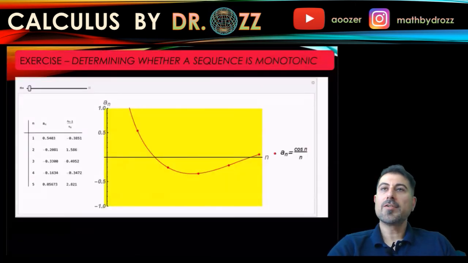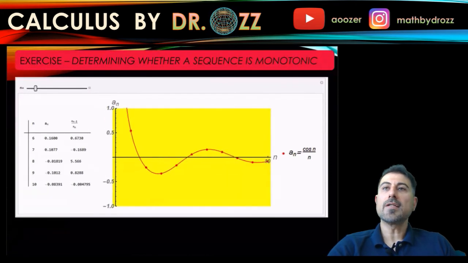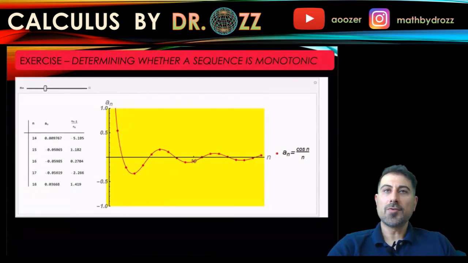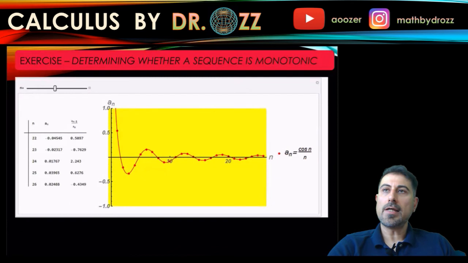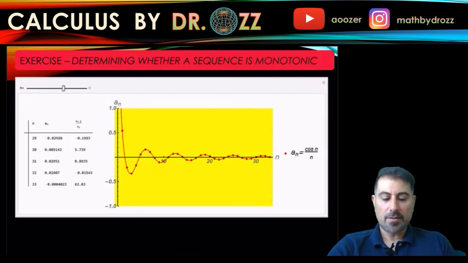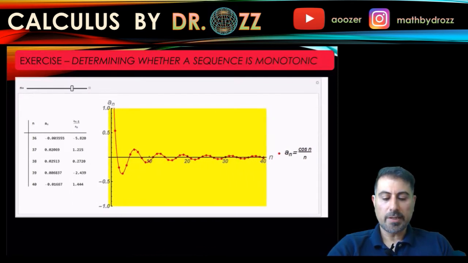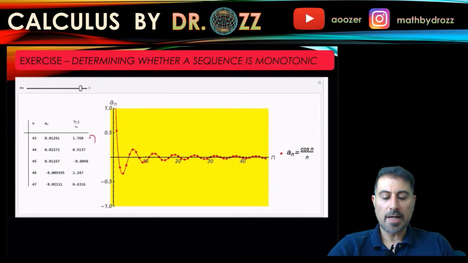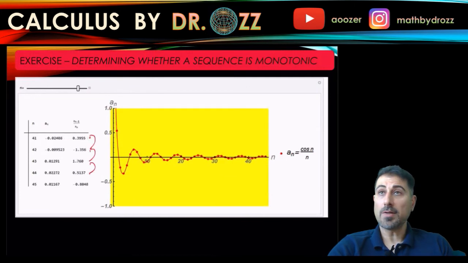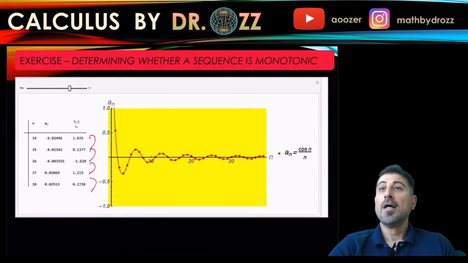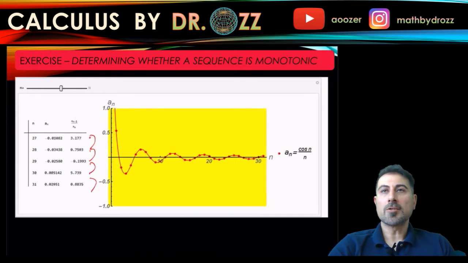So here I'm graphing the values of cosine n over n. As you see, the values fluctuate from minus to plus, minus, plus, minus, plus. That's not a monotonic behavior.